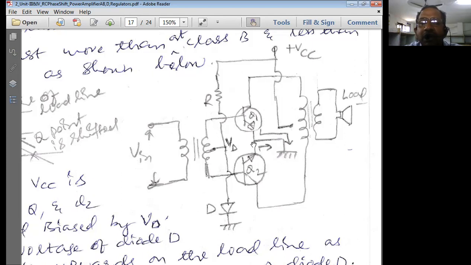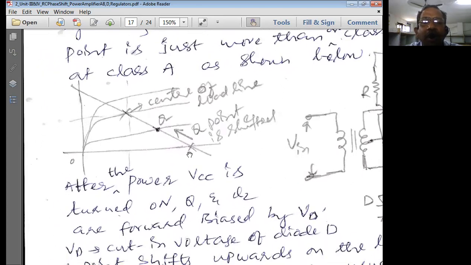Now, since both the transistors are on initially, what happens to the Q point now? The Q point is intentionally going to get shifted above the zero line. In the case of a class B power amplifier, the Q point is always going to be on the zero axis.